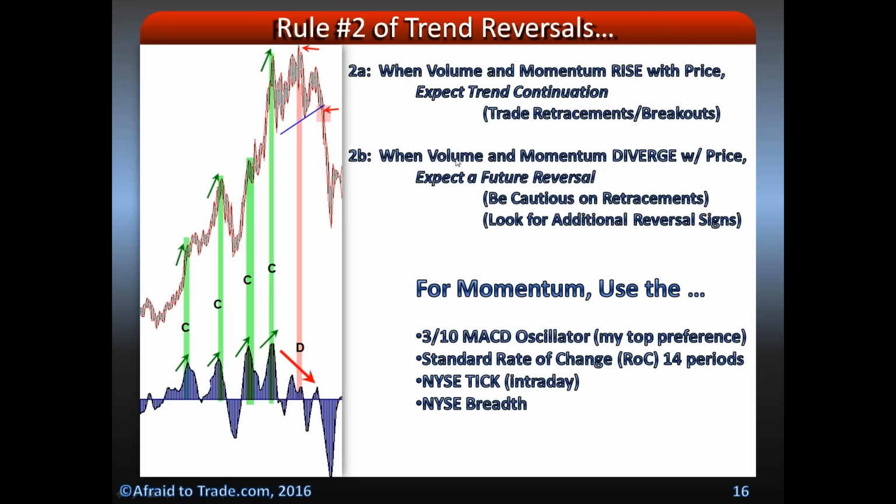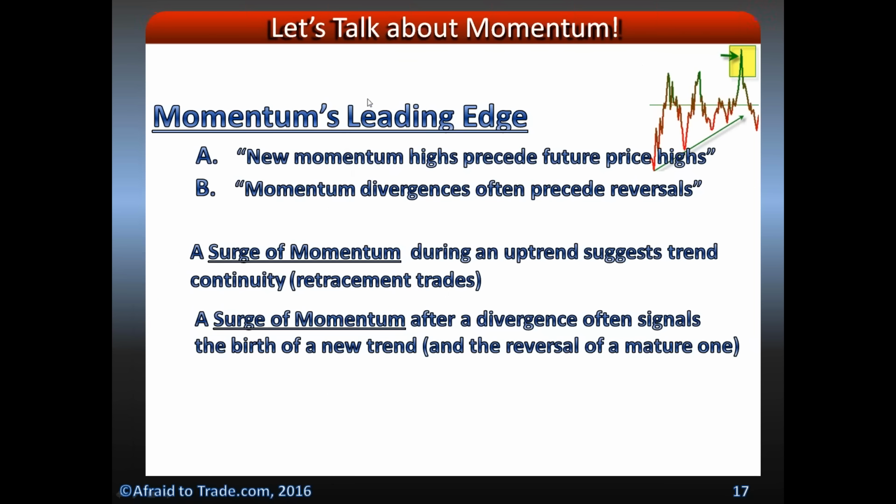If price up, thing not up, thing diverging, thing being a momentum oscillator, which is what I use, rate of change, ROC, NYSE tick if you're intraday, NYSE breadth, or just volume. Whatever the thing that you use, it's more important you get the concept, and that is simply price up, thing up, continuity. Price up, thing down, non-confirmation, non-continuity. This makes a lot more sense when you see it on examples, by the way.